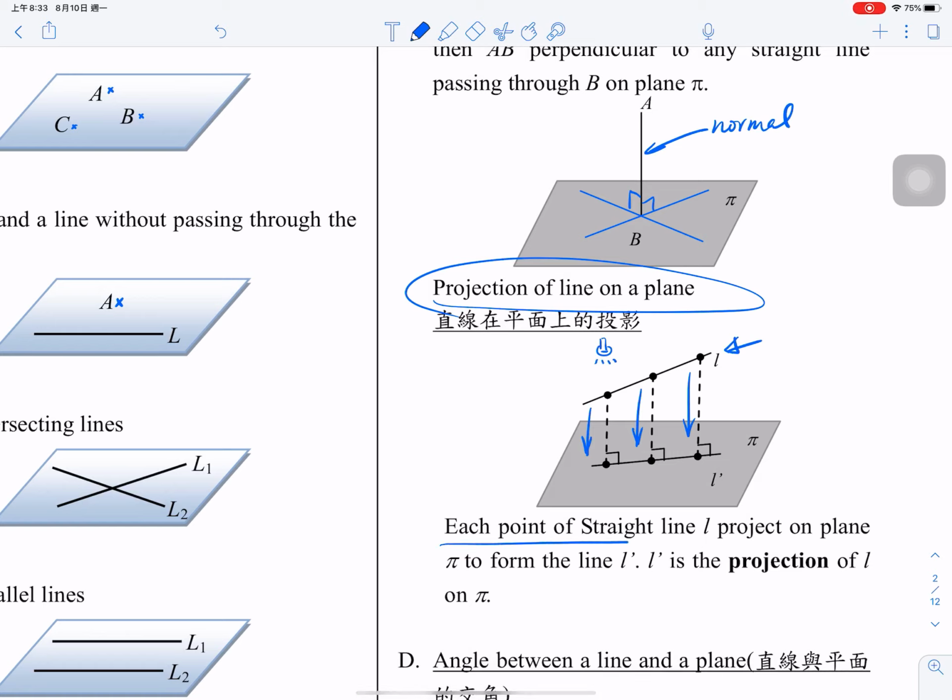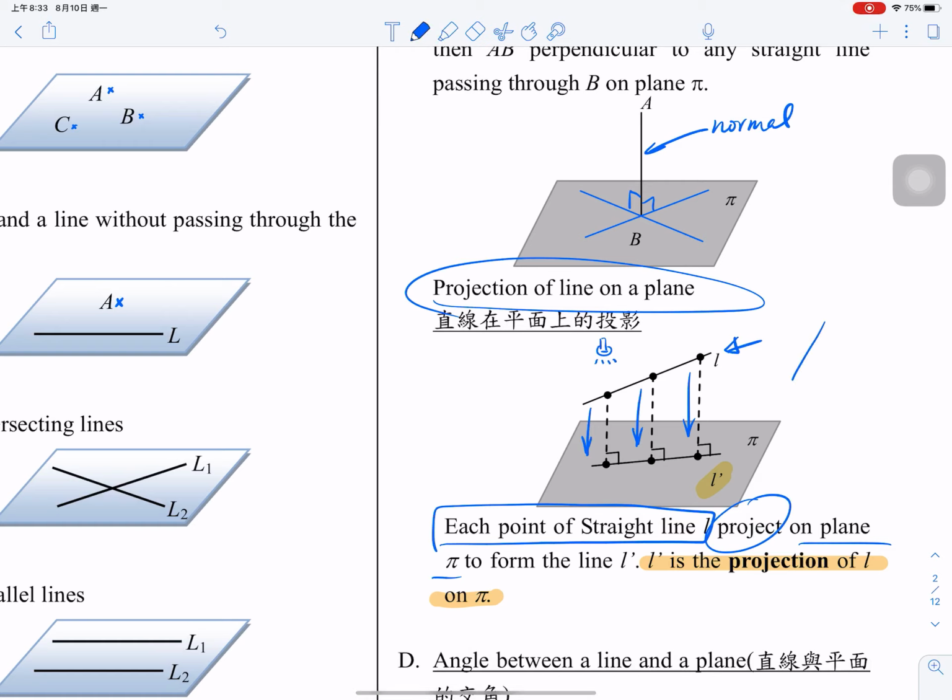So each point on the straight line L projected on the plane pi will form this straight line L pi, and we say that L pi is the projection on pi.